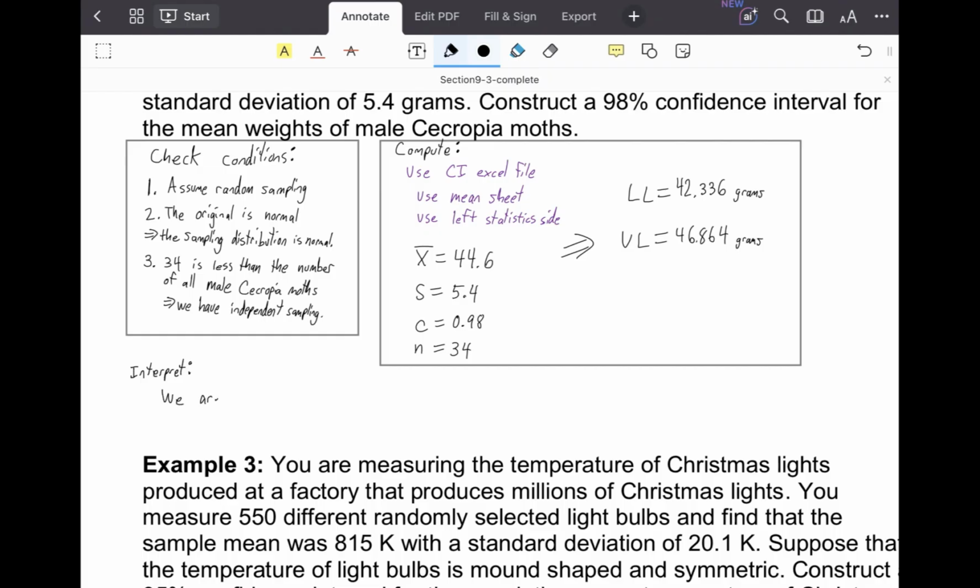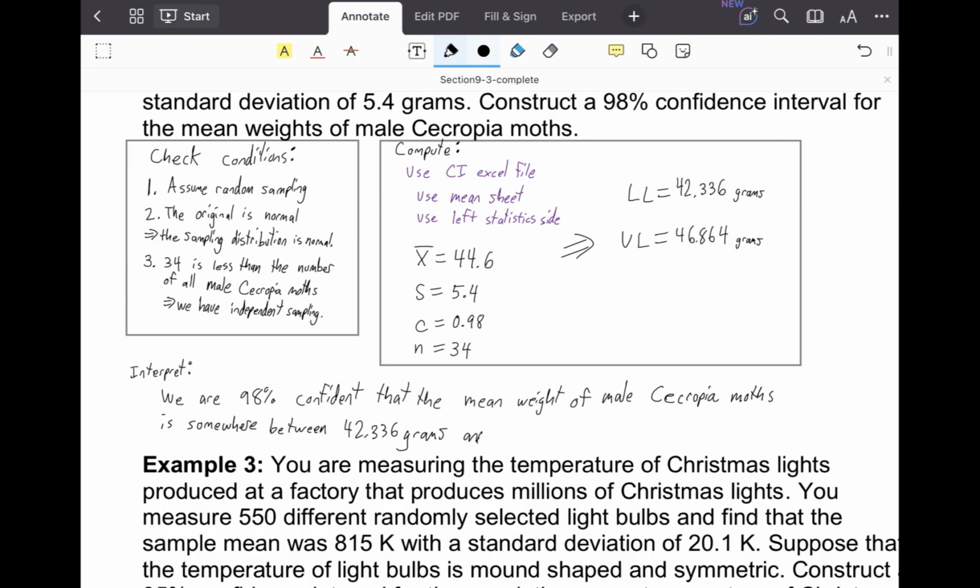I'm going to put, we are 98% confident that the mean weight of Cecropia moths, or male Cecropia moths, is somewhere between 42.336 grams and 46.864 grams.